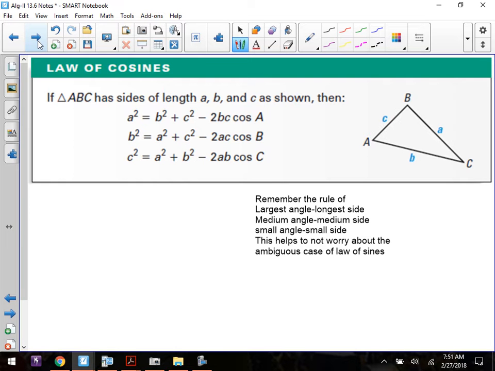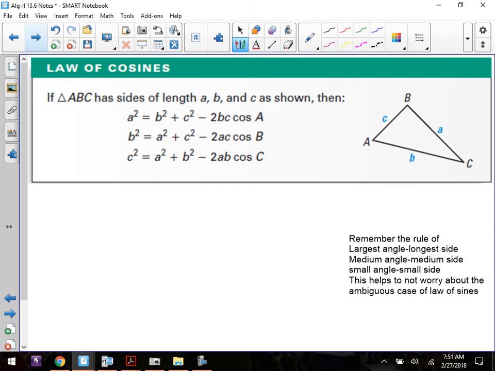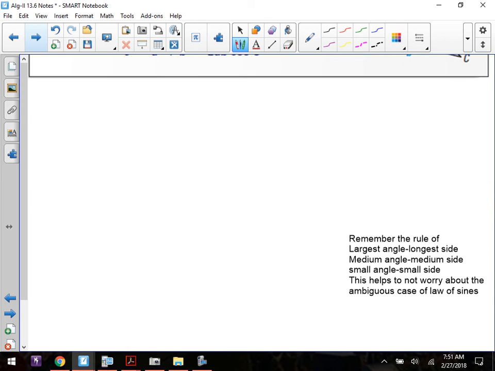What's happening here with a lot of this is, when you have your triangle, the way that law of cosines works is that it has a relationship between a side and its angle.